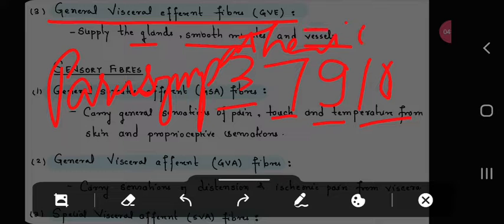The 3rd supplies the ciliary ganglion, the 7th supplies the submandibular ganglion, the 9th supplies the otic ganglion, and the pterygopalatine ganglion is supplied by the 7th nerve.